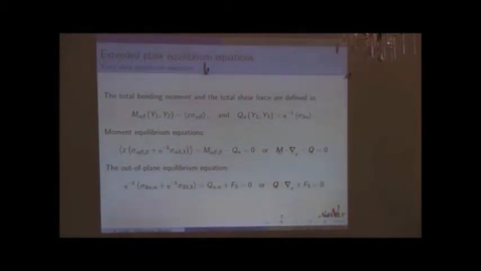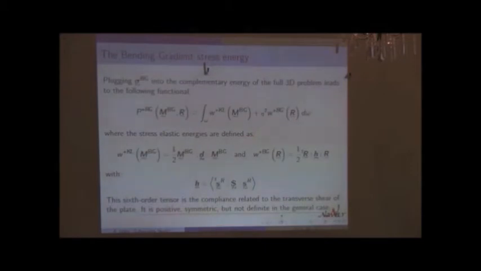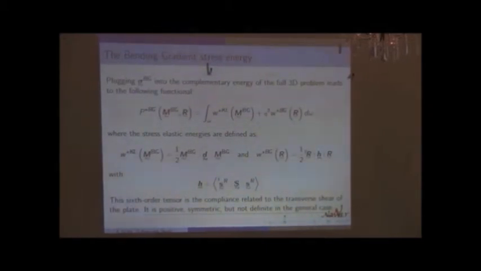If you integrate the 3D equilibrium equation, you see that the shear force is the divergence of the bending moment, and that the divergence of the shear force equilibrates the transverse load. But this is not enough, because my new unknown is the total gradient of the bending moment and not the divergence.